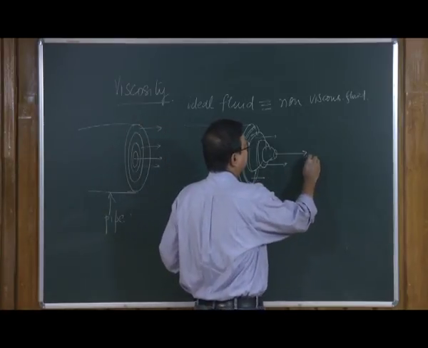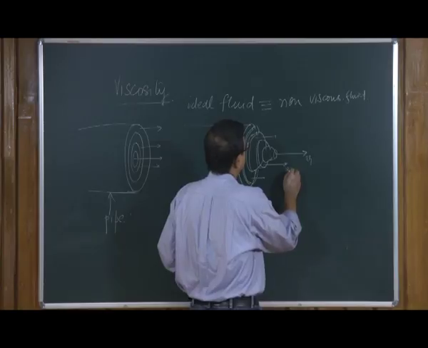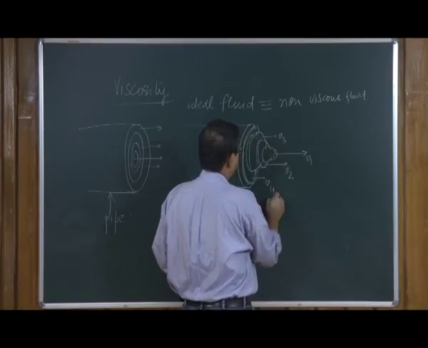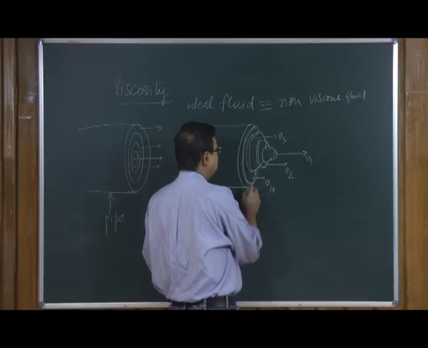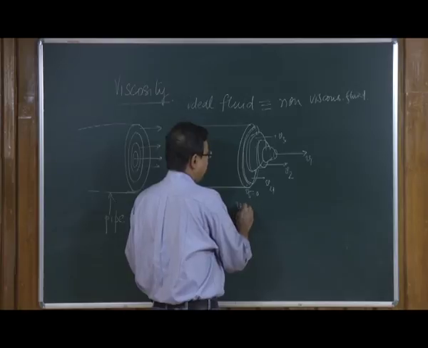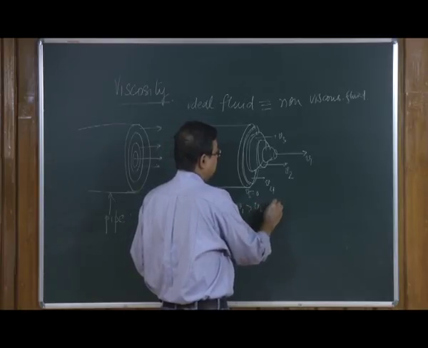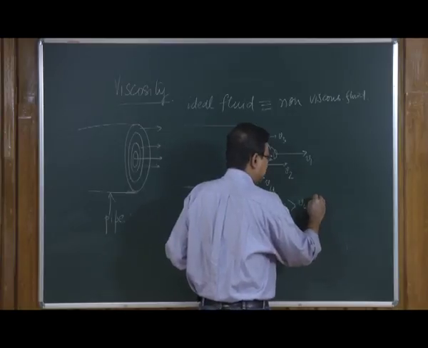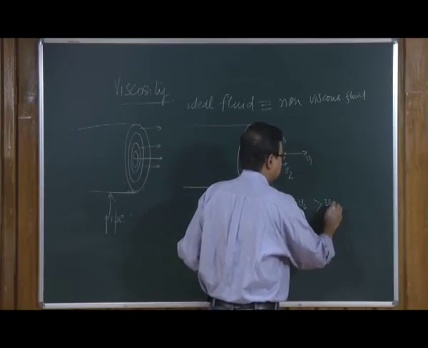So, let us call this velocity V1, this one V2, this one V3, this one V4, and then this velocity V5, which is equal to 0. So, we have V1 greater than V2 greater than V3 greater than V4, and of course greater than V5, which is equal to 0.